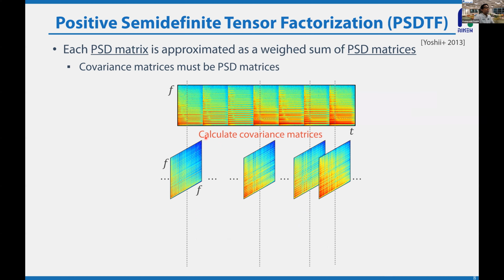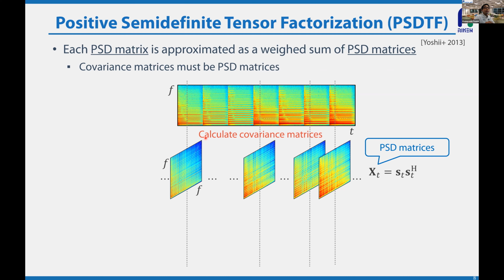we calculate the covariance matrices at the individual frames. This is different from the previous NMF. In NMF, in each time frame, we calculate the power spectrum, right? Power spectrum by ignoring phase information.